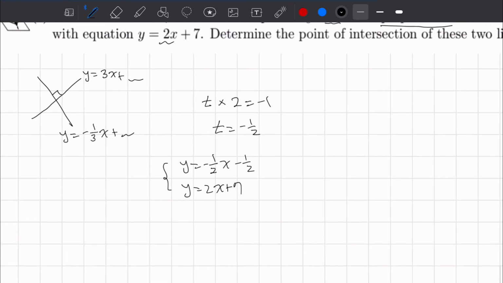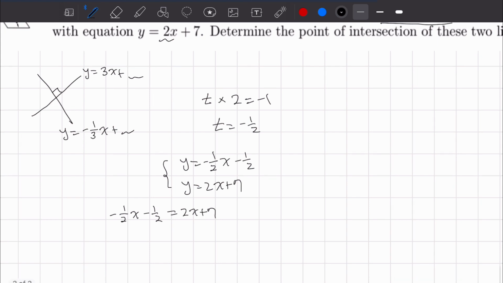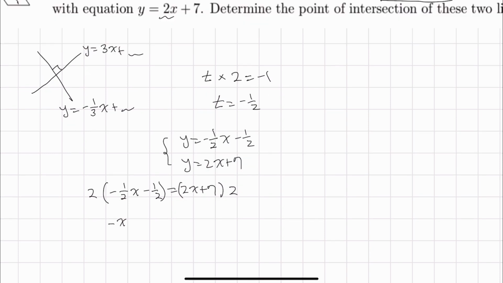So we can simply make an equation like -1 over 2 x minus 1 over 2 equals 2x plus 7. Since the fractions annoy me, I would just multiply both sides by 2, since it doesn't change the equation. So -x minus 1 equals 4x plus 14.